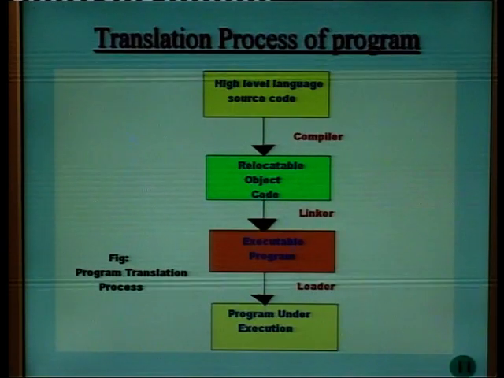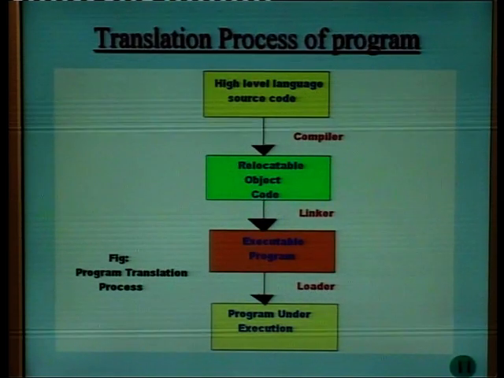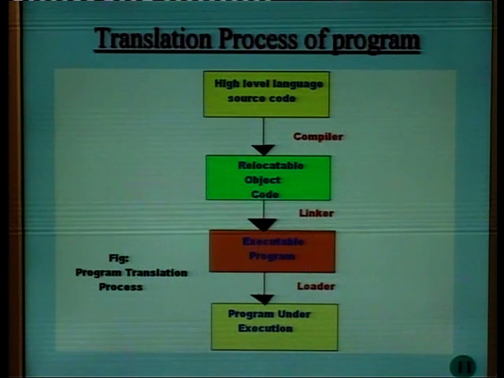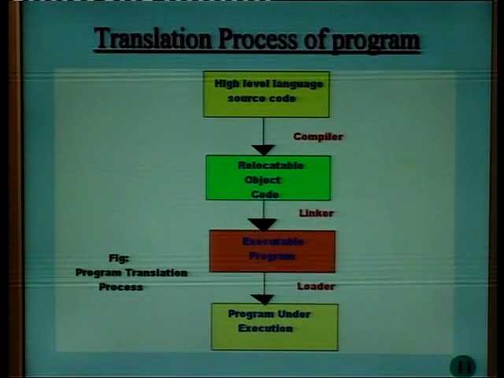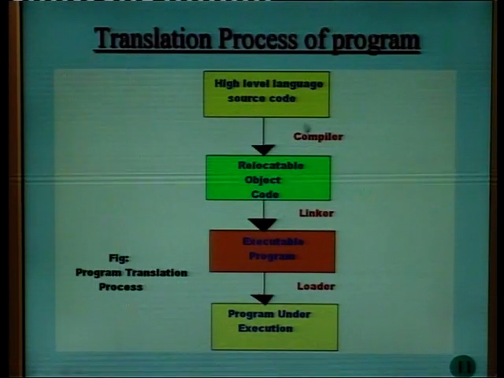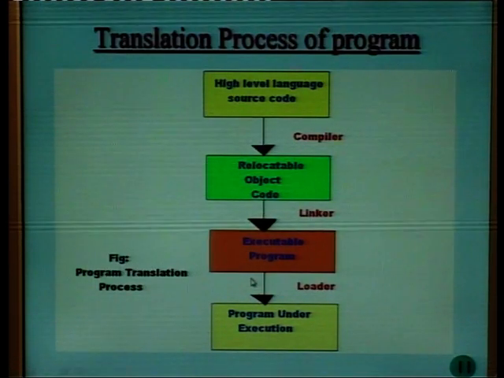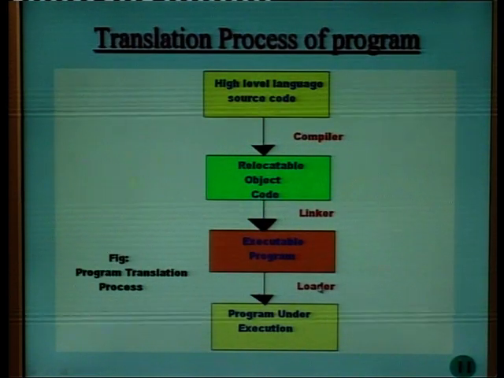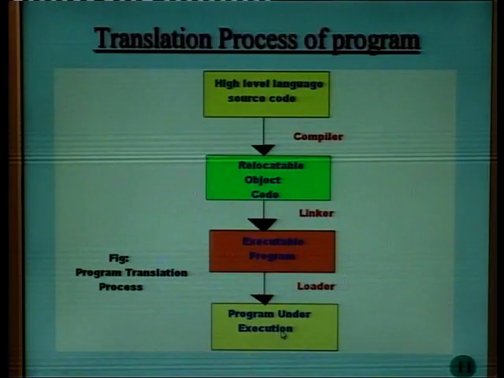So first we have a source file, then an object file, and then an executable file, and later the loader system program loads these executable modules into the main memory, because any currently running program resides in the main memory, and prepares the program for execution.